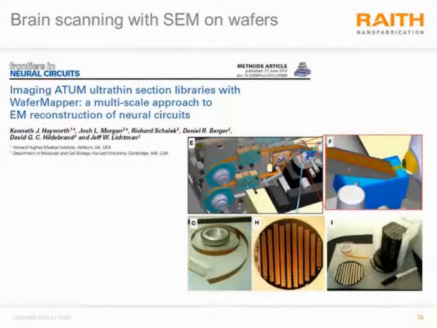And this is important because there are a variety of ways of doing sample preparation. It is quite an art.